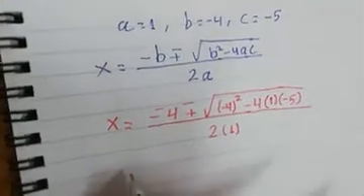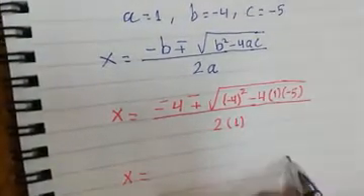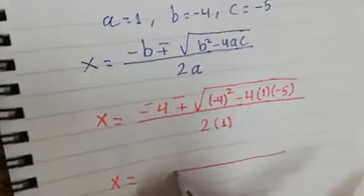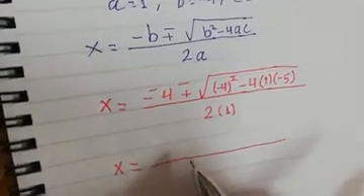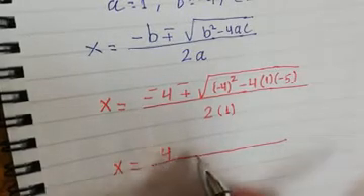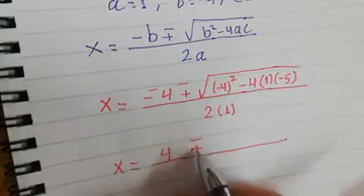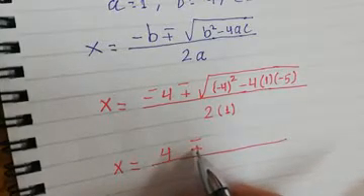Now simplify this expression. It will be like this. So I get negative negative, it will be positive 4. No need to write the sign, plus or minus, no problem. If you put the plus up and the minus down, it's okay.